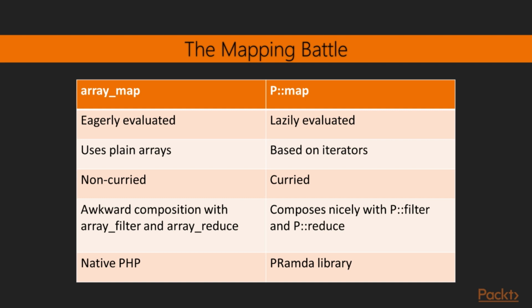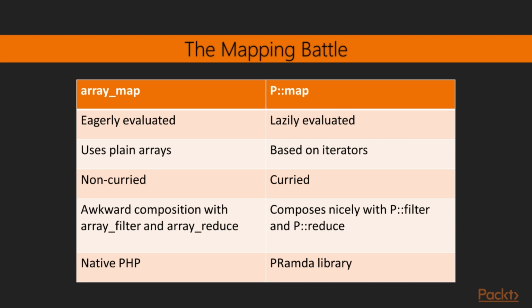array_map is non-curried, and this follows the whole eagerly evaluated situation. pmap is curried, and so if you evaluate it with one parameter, it would just be dormant and return back a function, a mapping function. If you evaluate it with the second parameter, which becomes the array, then it finally executes.